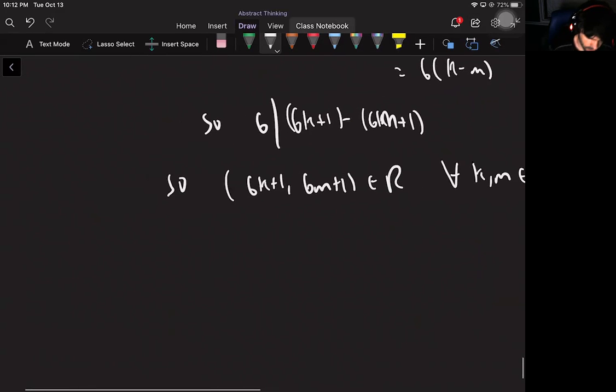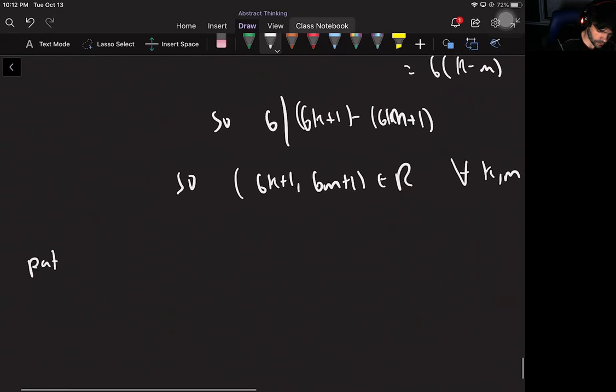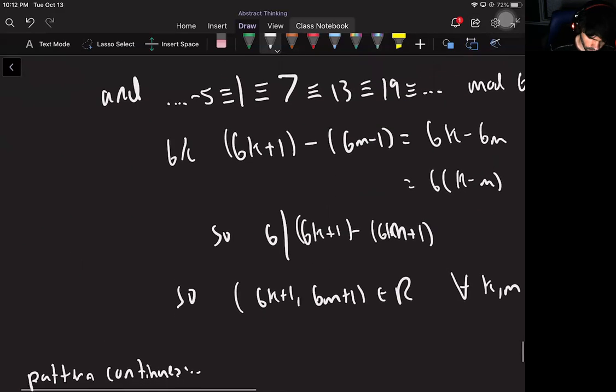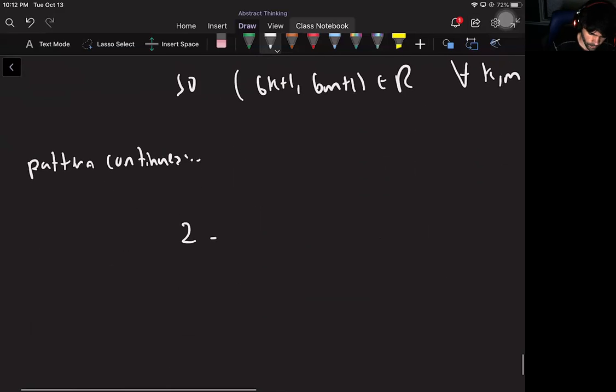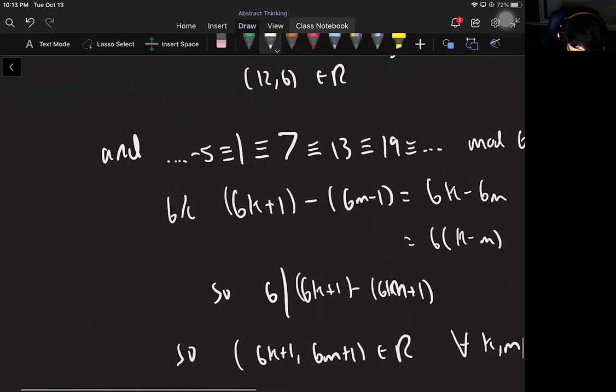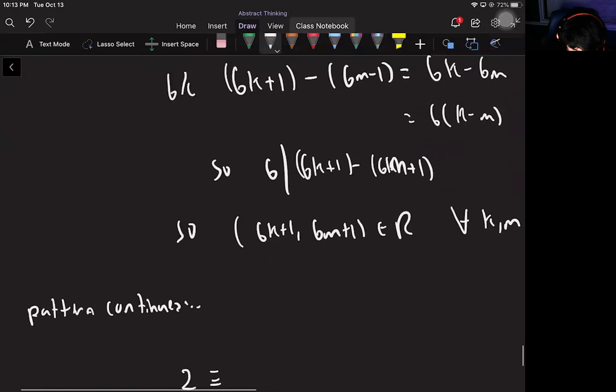Okay, and then this pattern just continues. Meaning, now I'll start at 2. 2 will be related to all the numbers I can get by just adding 6s.